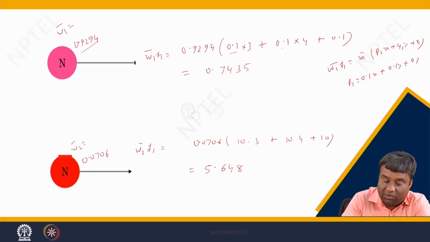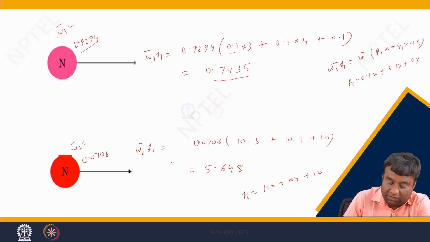Here also F2 is given as 10x plus 10y plus 10, with x equal to 3, y equal to 4, so that is 30 plus 40 plus 10, that is 80. So you'll get W2 bar F2 equal to 5.648.